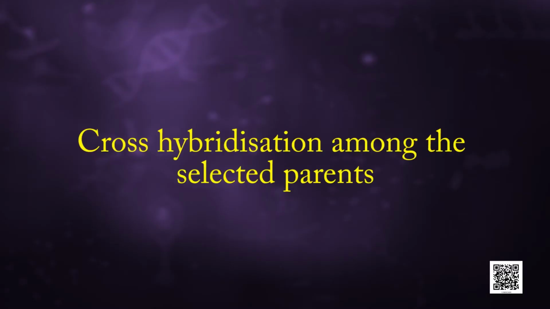Third, cross hybridization among the selected parents. The desired characters have very often to be combined from two different parents. For example, one having high protein quality may need to be combined with disease resistance from another parent.